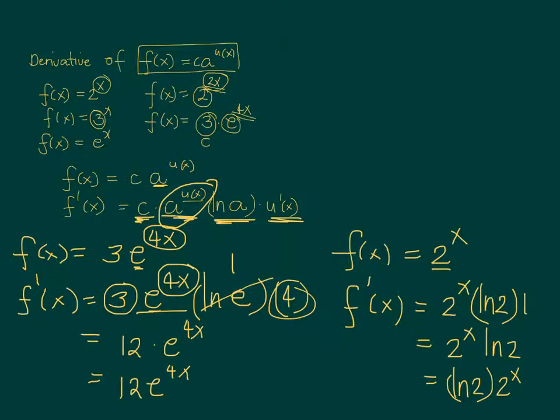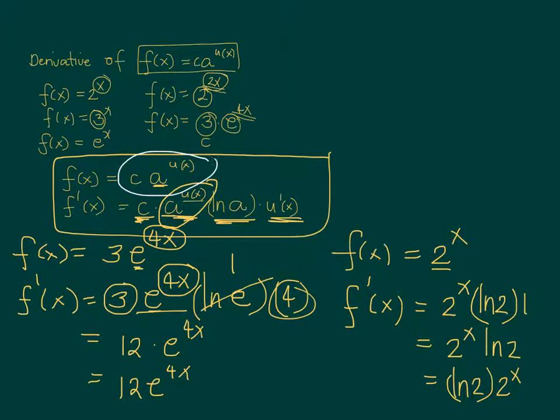Okay, so when you see that the function is in the form of c a to the u of x, we simply apply the rule: the constant c, then times the function, we're not changing anything, it is still a to the u of x.